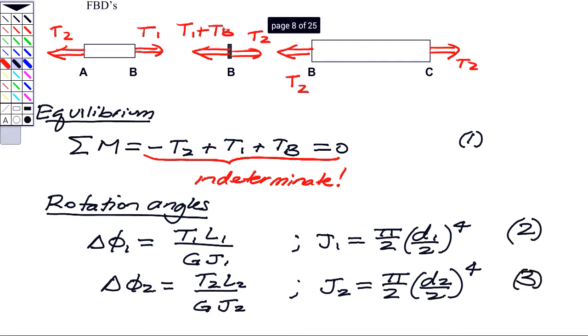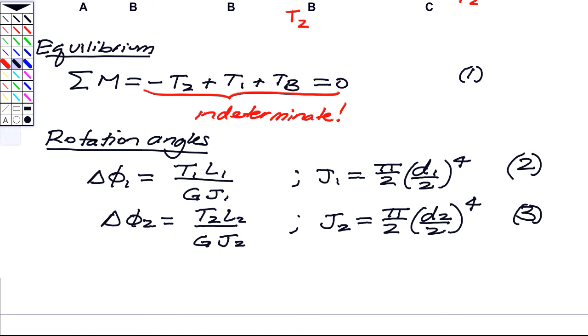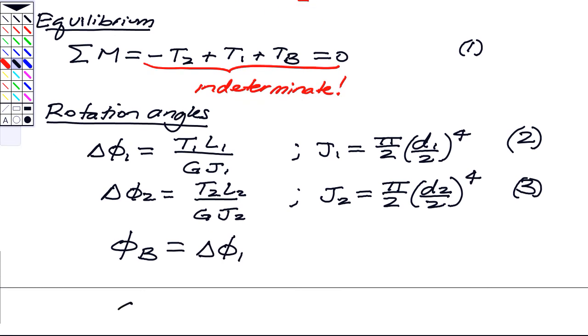As we look at how this is constructed, we know that the rotation at that coupler B, looking at the wall on the right and moving to the left, is equal to delta phi1. The rotation at C is going to be the rotation of B plus the additional rotation for segment 2. So this becomes delta phi1 plus delta phi2.